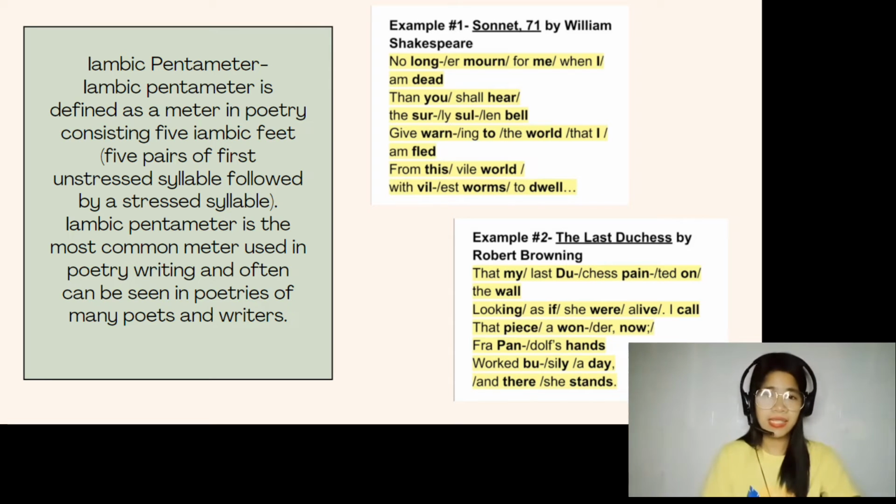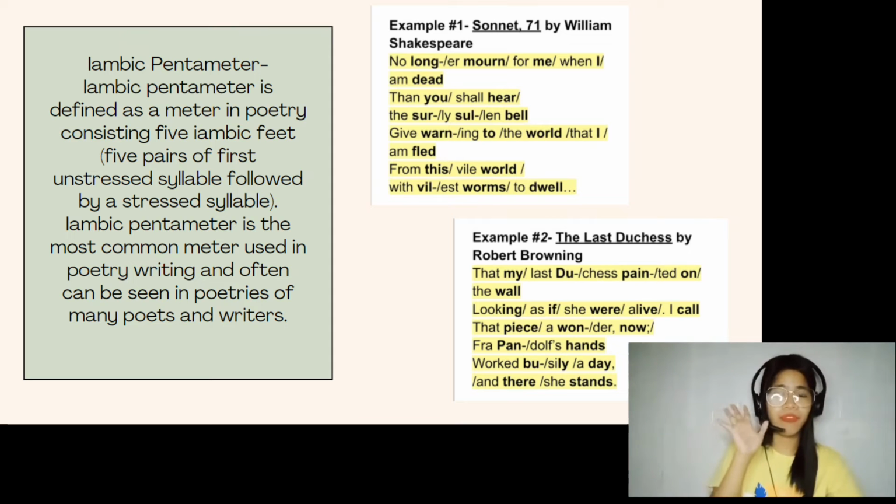As you can see, it has 5 iambic feet in every line. In here, the first one, no longer, is the first iambic foot. Mourn, the second one. For me, the third one. When I, the fourth one. And am dead is the fifth. So in every line, we can really see 5 iambic feet.